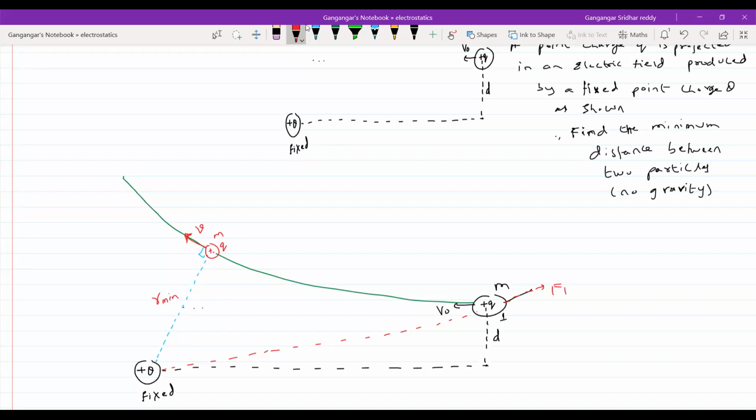I think you recollect some concepts, so I'll write down the idea.